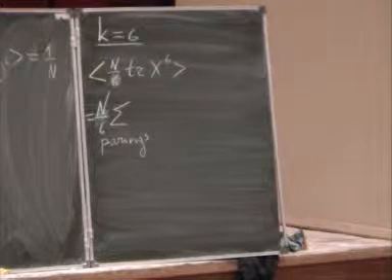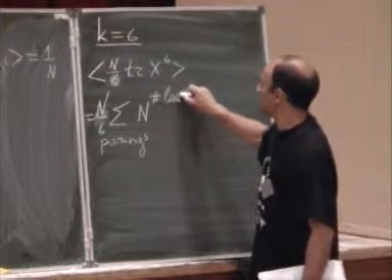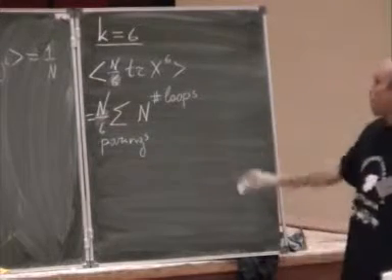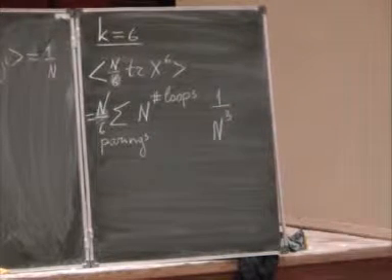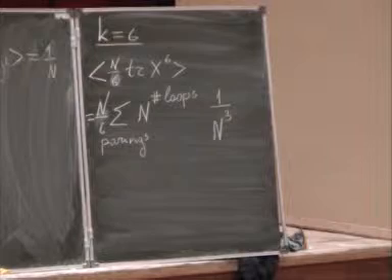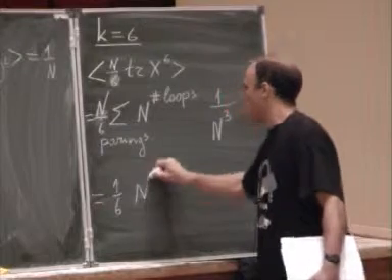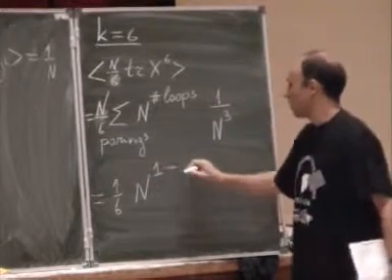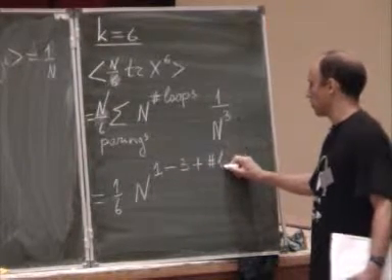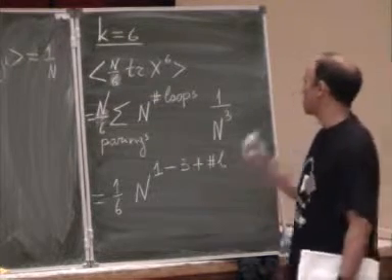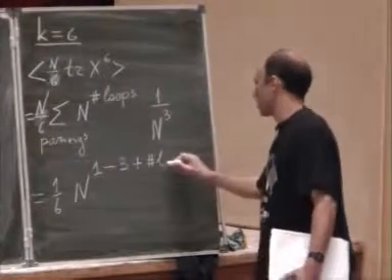Sum over pairings, n to the power number of loops, times 1 over n to the power 3. So it will be 1 over 6 n to the power 1 minus 3 plus the number of loops. Yeah, that's right.